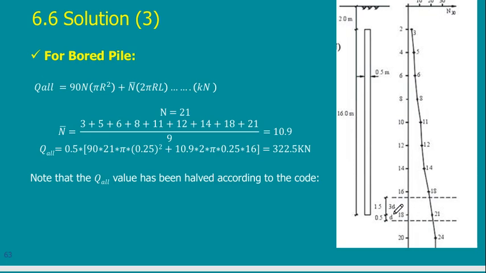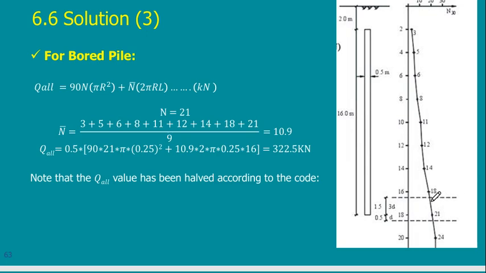I go below the pile tip with 1 diameter. I go up the pile tip with 3 diameters. Any value given here, I take the average of it. Here it is only one value, so it is 21. This is the value of the SPT at this. So N value, my N here is 21.